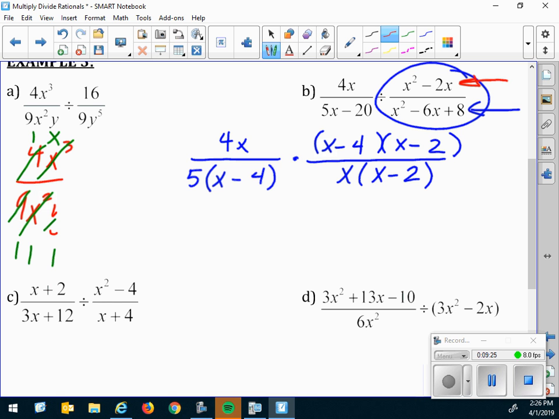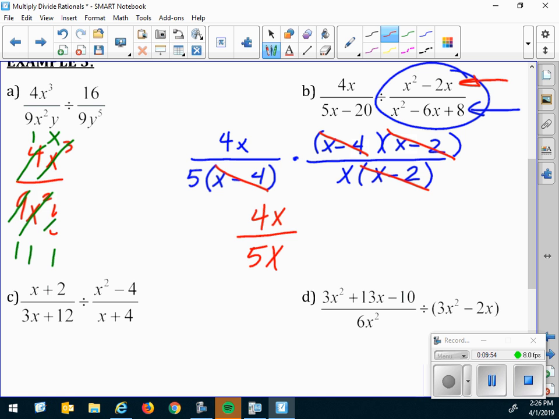Okay, now listen, I'm going to be real persnickety about this. We're going to factor out common factors, okay? Do you see any common factors that will factor out? x minus 4, x minus 2. Don't write this down.